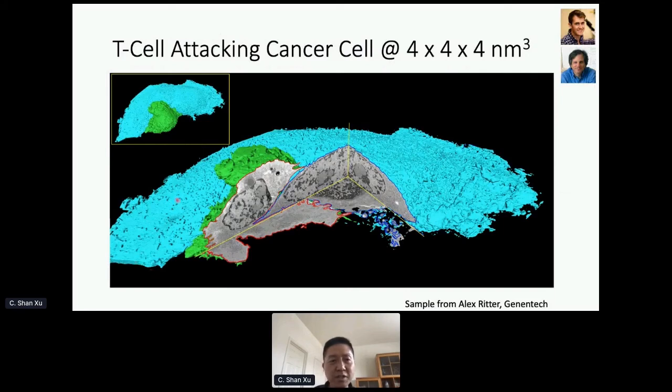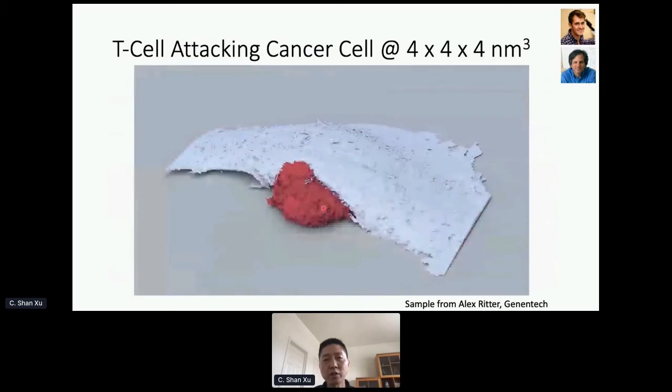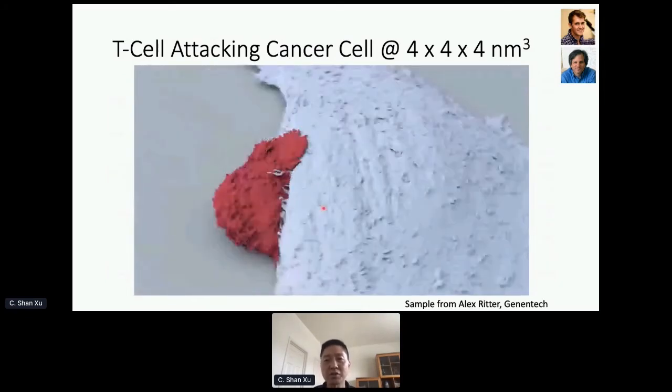So as you can see, the T-cell is colored in green and the cancer cell in cyan. The interface between them is the immunological synapse, which is the close contact between these 2 cells. And this is really the battleground where the critical and interesting actions occur.